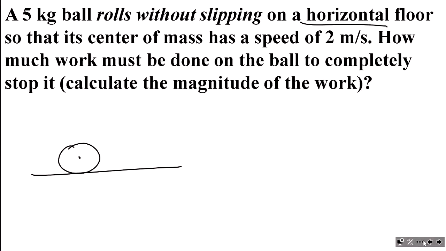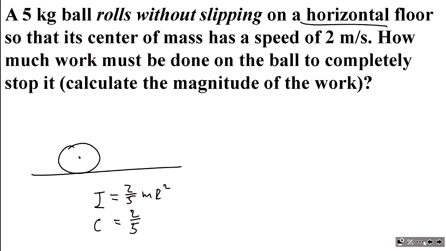We didn't have any equation with the name ball. We had equations with names like cylinder, sphere, disk. So what should I write for the moment of inertia or for the form factor for this object? Sphere, we know a ball is a spherical object. The moment of inertia is 2/5 m r squared, or the form factor is 2/5.